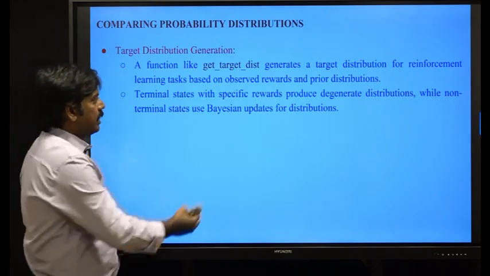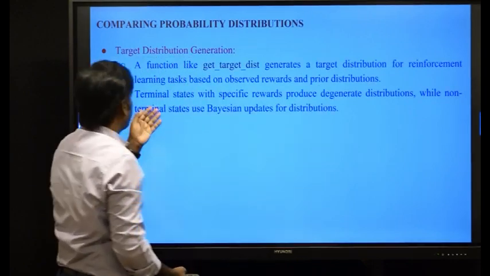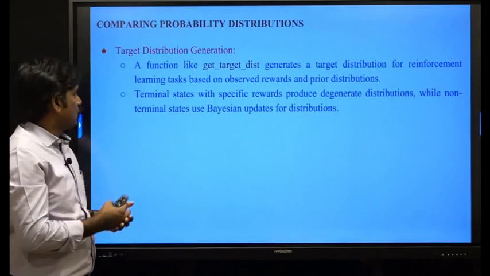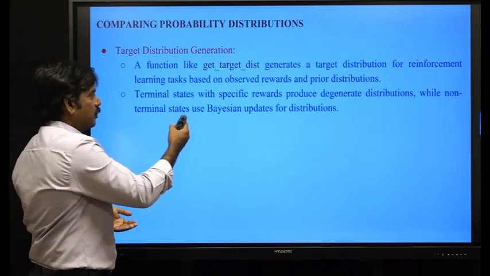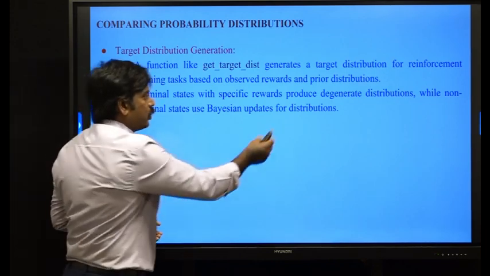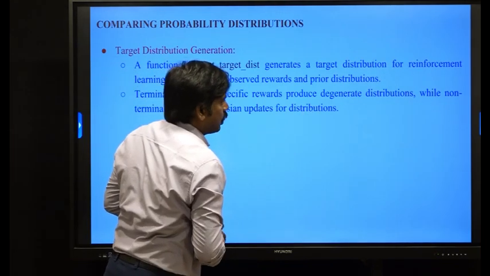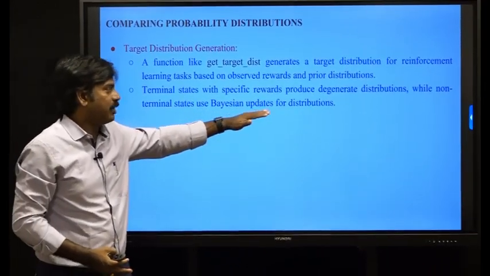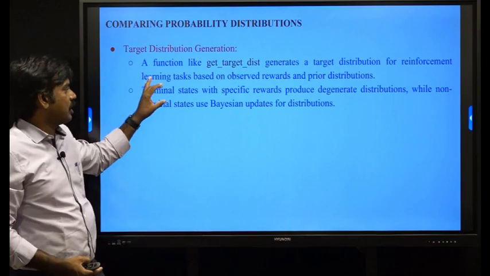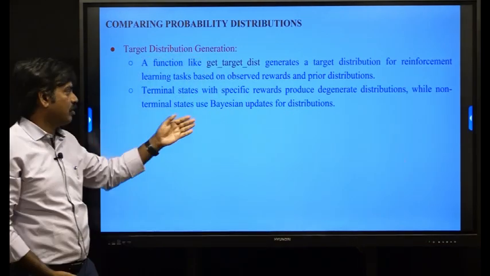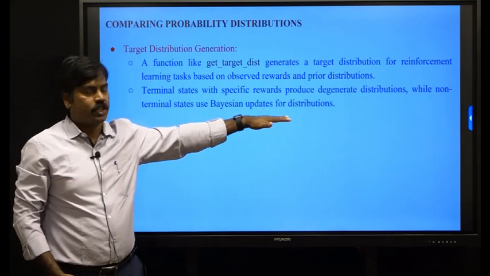It generates the target distribution for the reinforcement learning task based on the observed rewards and prior distributions. Terminal states, meaning ending states, with specific rewards produce degenerate distributions, while non-terminal states use Bayesian updates for distributions.